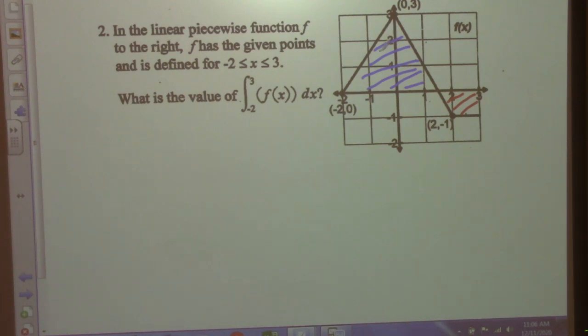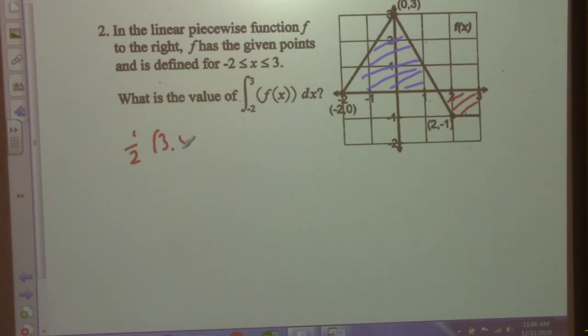So here you have the area of a triangle minus the area of this trapezoid. And you should be able to see graphically enough information to figure out what it is. It's really a simple area problem at this point. So we have 1/2 base, and my base I'm getting 1, 2, 3 1/2.